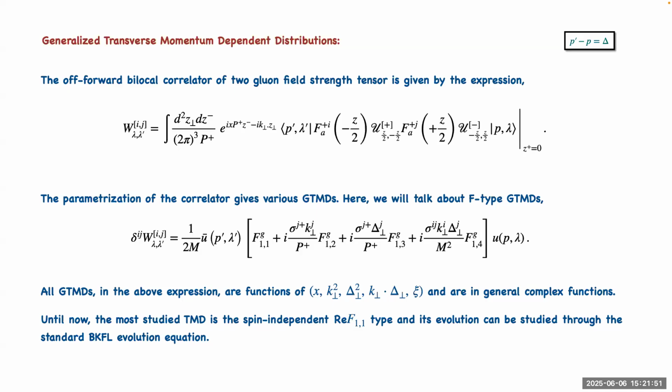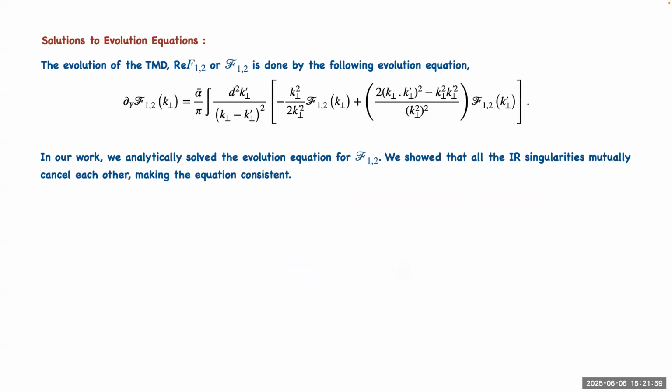Yoshitaka in his recent work gave the evolution equations for these two GTMDs, F12 and F13, which look like this. It looks somewhat similar to BFKL, but it is not exactly BFKL. We have some extra terms over here.